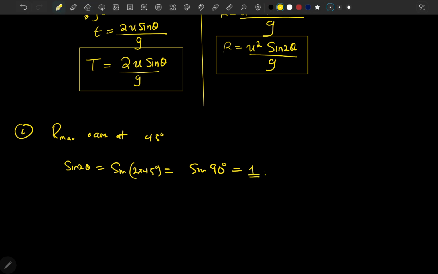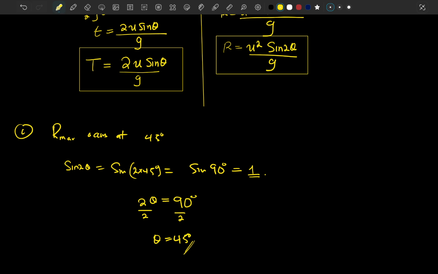Now, if sine 90 is 1, and 1 occurs at the angle 90 degrees, meaning 2 theta is just equal to 90 degrees, and if you divide by 2, you're still getting back your theta as 45 degrees. The question is, have we answered the question? Yes, it's simple. Look, sine can go as far as positive 1 and negative 1.